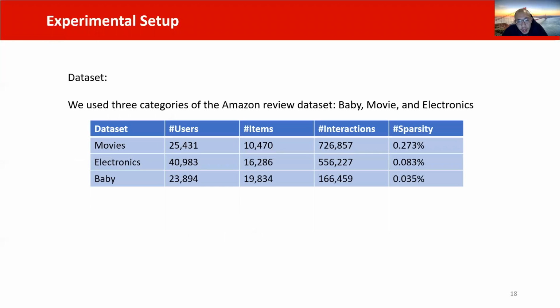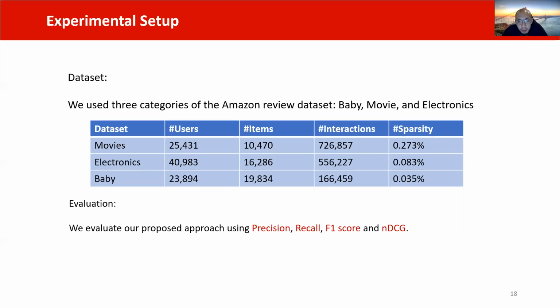We used 3 categories of the Amazon review dataset. To evaluate the performance, we use precision, recall, F1 score, and NDCG.